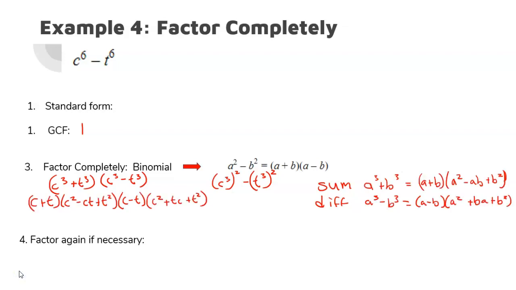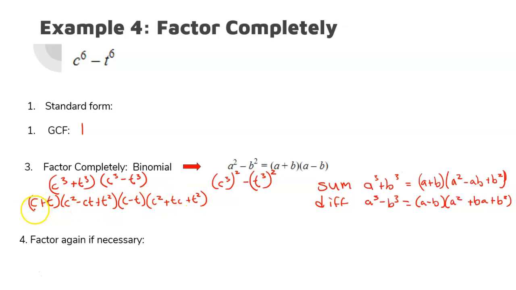Okay, so the first half of my unfactored expression is a sum of perfect cubes. So I'm going to use the formula a to the third plus b to the third equals a plus b times a squared minus ab plus b squared. And then the second half is a difference of perfect cubes, which means I'm going to use a to the third minus b to the third equals a minus b times a squared plus b times a plus b squared.